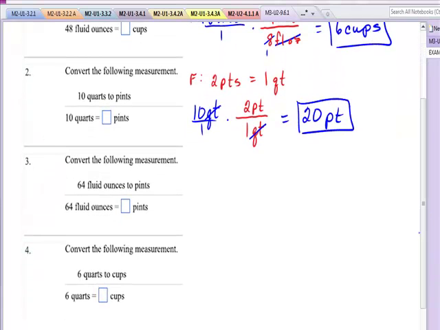All right, the next one, I have fluid ounces to pints. Now, we don't have a fact for fluid ounces to pints, so we're going to have to use 2 facts. All right, the facts.